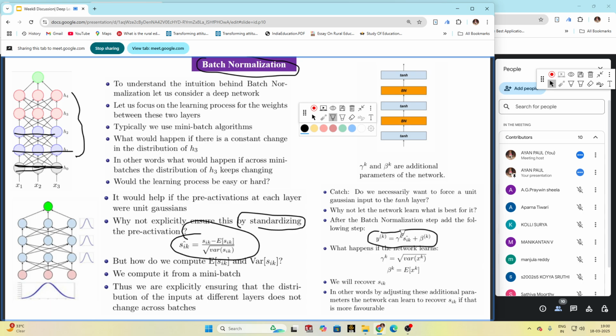Now we scale it by a factor known as gamma k, and we shift it by beta k. By this, we recover our original, or very close to our original, pre-activation inputs. So this is the second step of batch normalization.